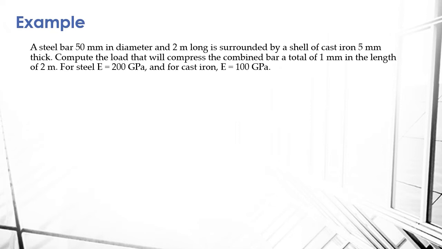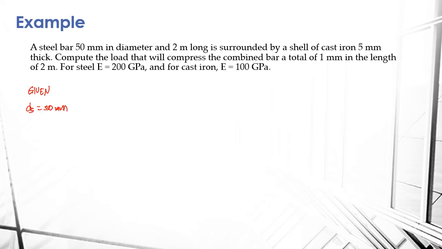So, as is our habit, we write the given. First, they gave 50 mm in diameter for the steel. So, the diameter of the steel is equal to 50 mm, and 2 meters long.